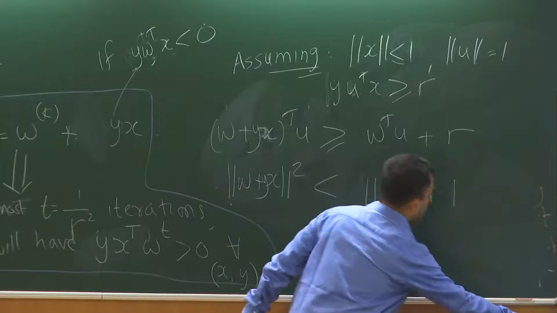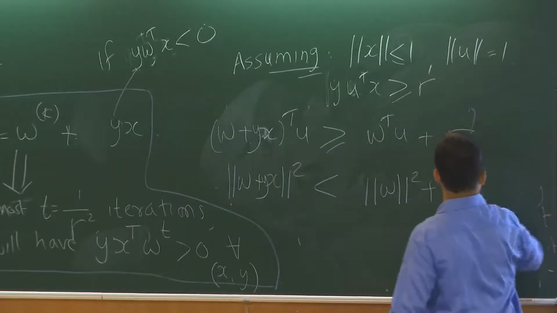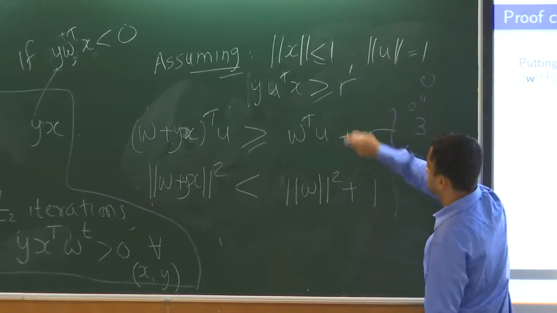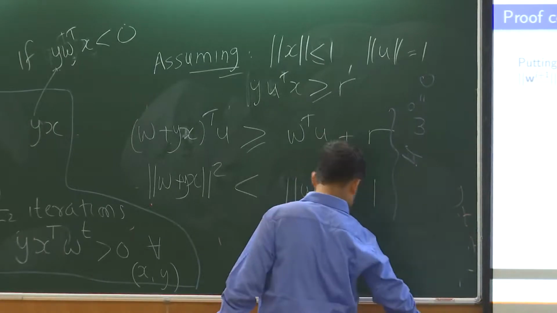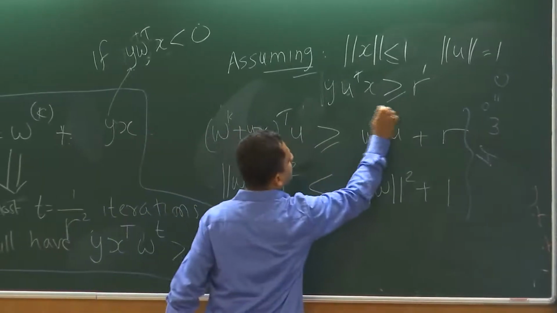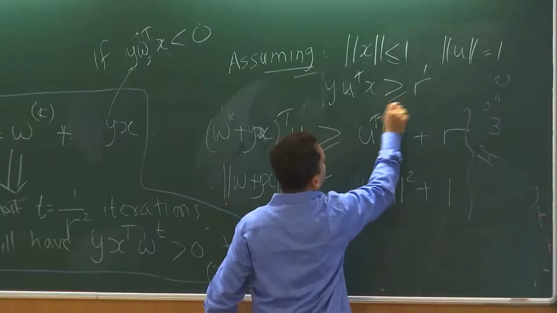So if w0 is 0, and if you were to think of this as w k, let me use u transpose w k.